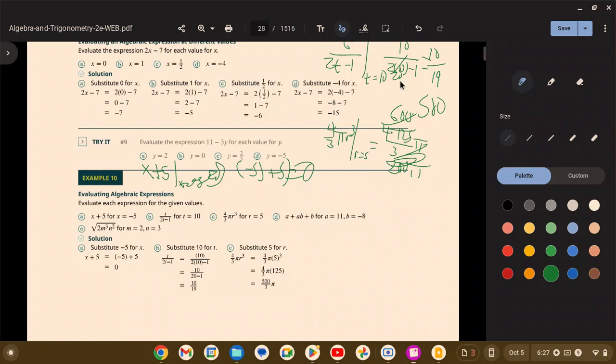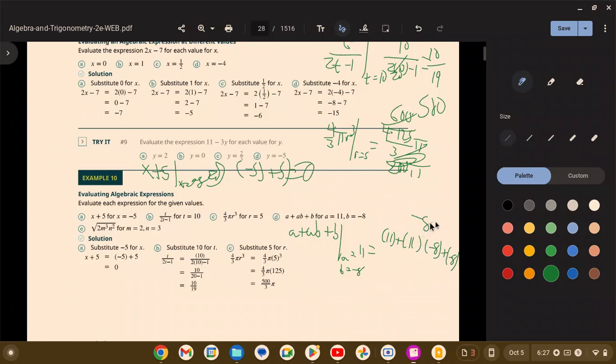If you want to do the last ones, you can do the last ones. Actually, I'll just do the last ones. So a plus ab plus b, for a equals 11 and b equals -8. So 11 plus 11 times negative 8 plus negative 8.